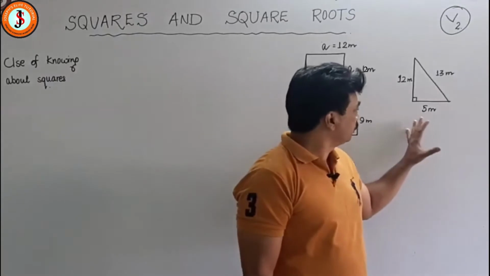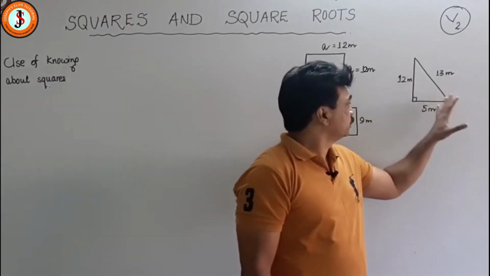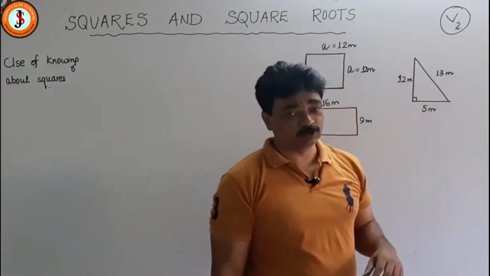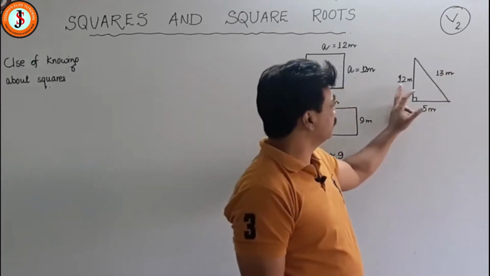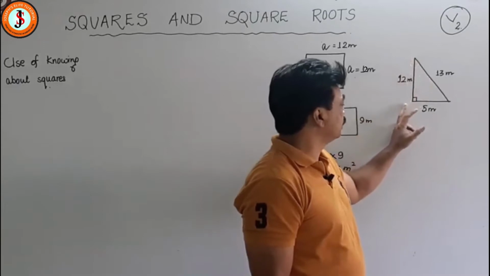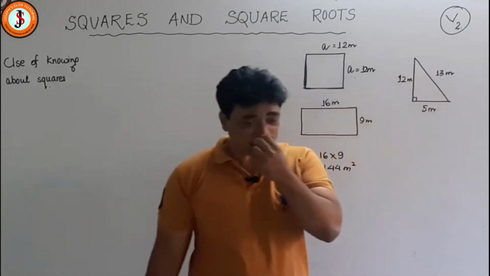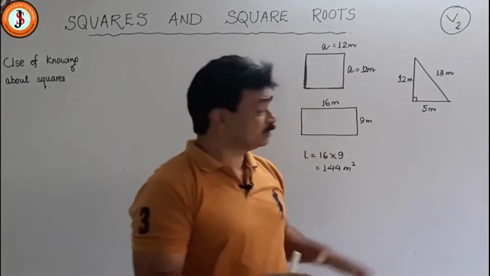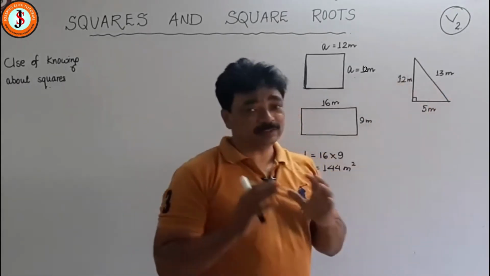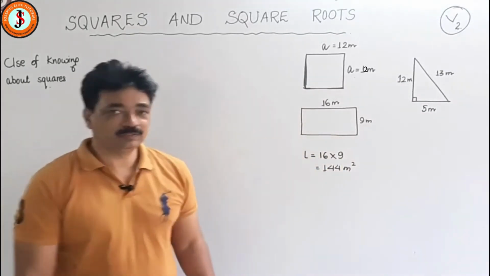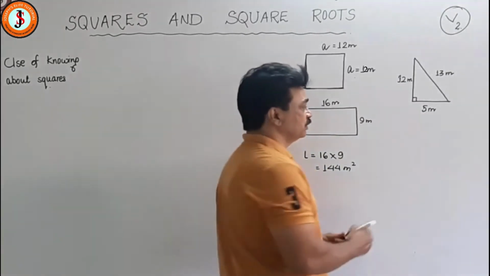Then secondly, over here, these numbers are called Pythagorean triplets. So you have made a right angle whose perpendicular is 12, whose base is 5, and whose hypotenuse is 13. Whenever there is a right angle triangle, there is a relationship among its sides. What is the relationship?